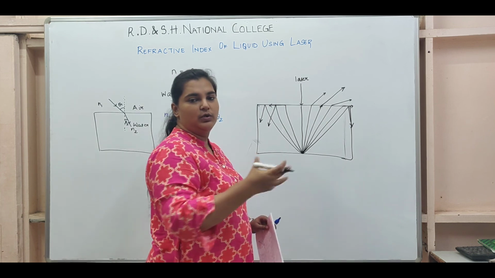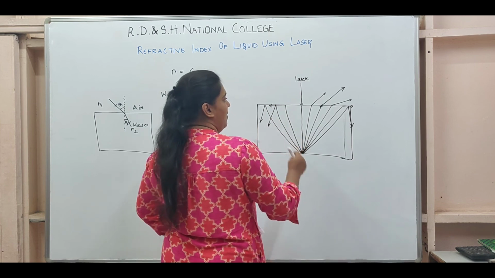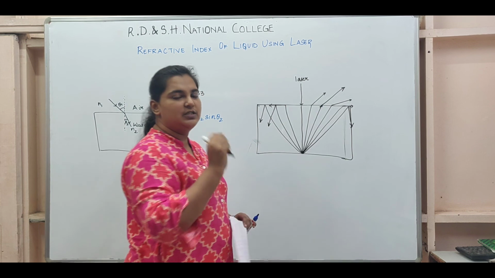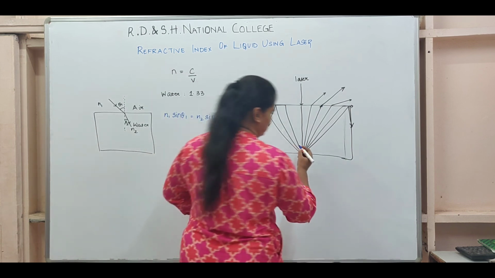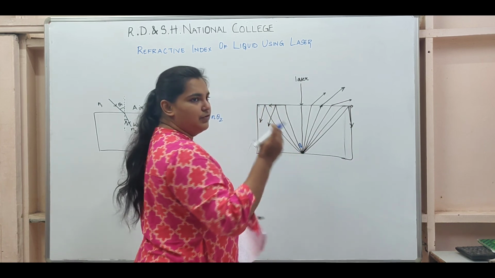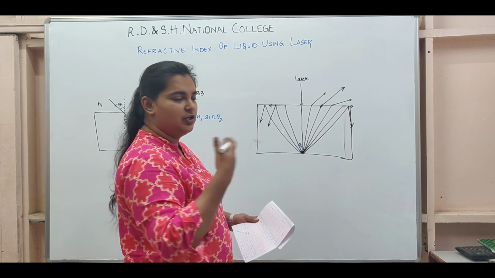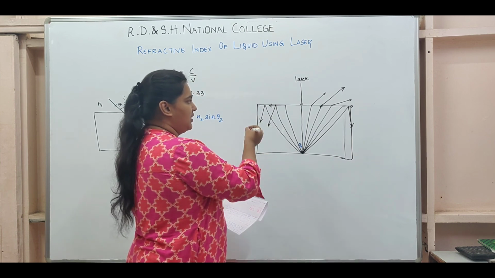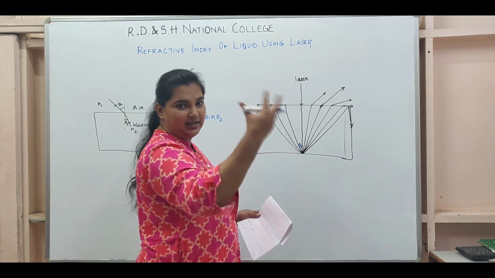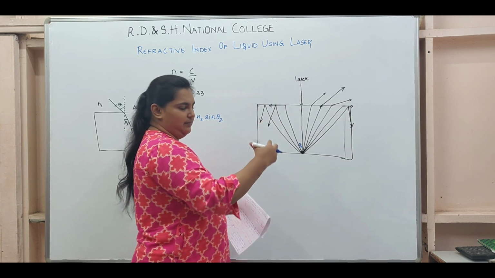After this, the light is reflected back into the medium itself. This is called total internal reflection: after a certain angle, the angle of refraction is 90 degrees. This is the critical angle, and after this total internal reflection takes place. Total internal reflection means there is no light refracted after that; everything comes back into the medium itself.